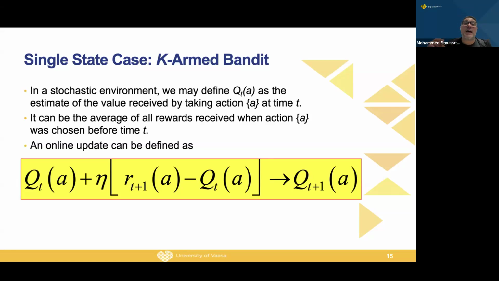Eta is called the adaptation or the learning parameter, which is usually less than 1. Now when you compute all this, you put the result at QT plus 1 of A. What is the meaning of QT plus 1 of A? It means that this is the average reward obtained at time t plus 1 by taking action A.